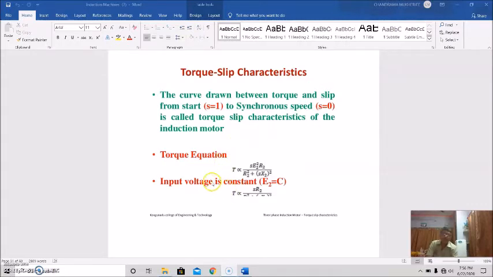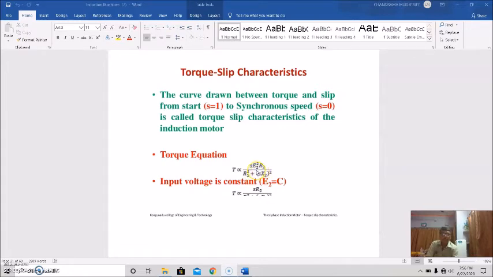Naturally, if we go to the torque equation, we'll find the torque is proportional to s E2 square R2 by R2 square plus s square X2 square.